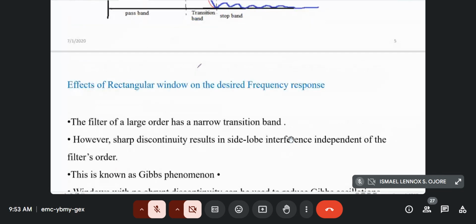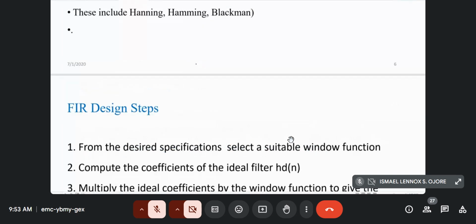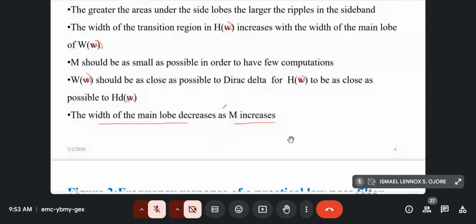The width of the main lobe decreases as M increases, because a decreased main lobe means this is closer to the ideal, which means you're getting a very sharp cutoff.